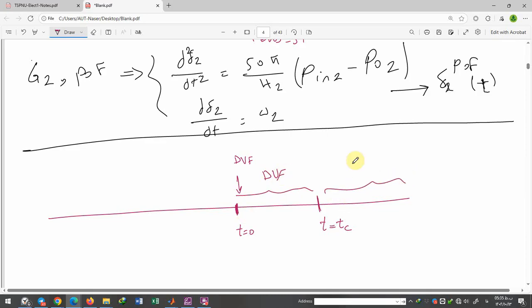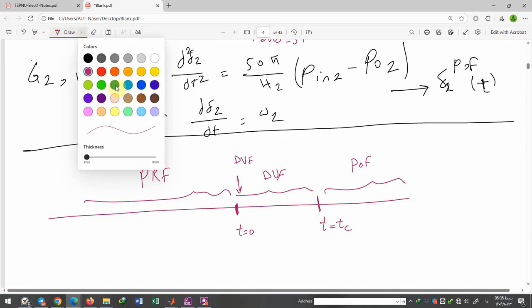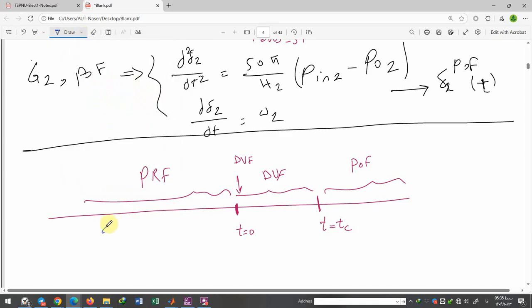After that we have POF. Before DUF we have PRF. So for 2 generators we have delta 1 PRF and delta 2 PRF.